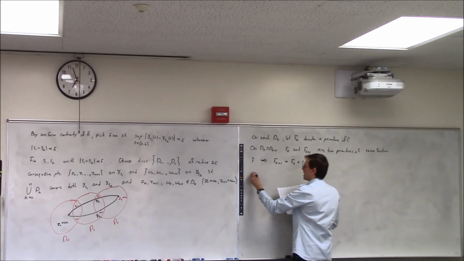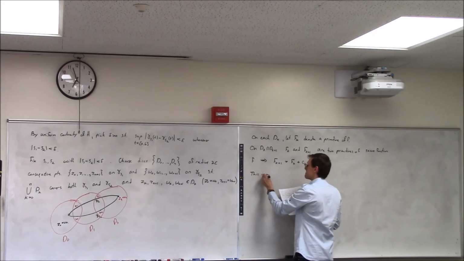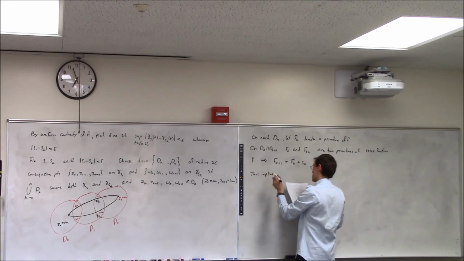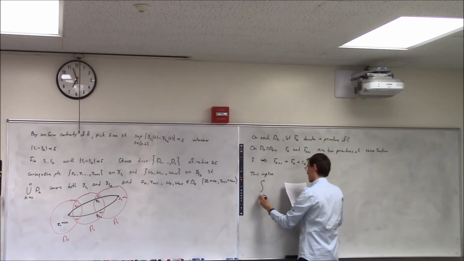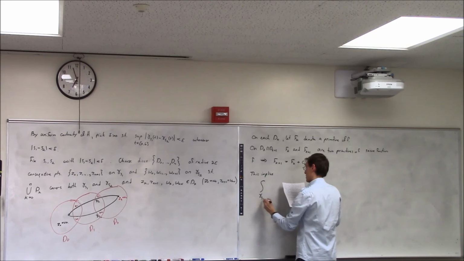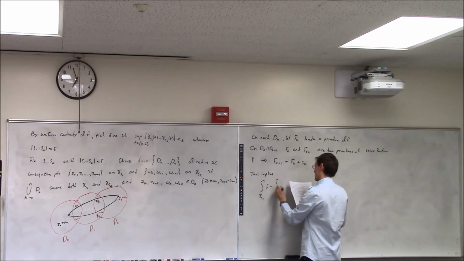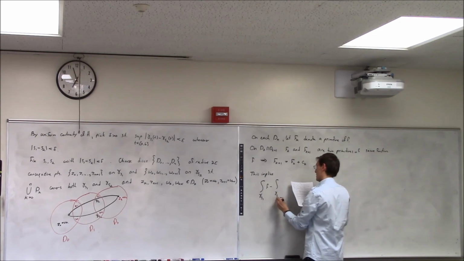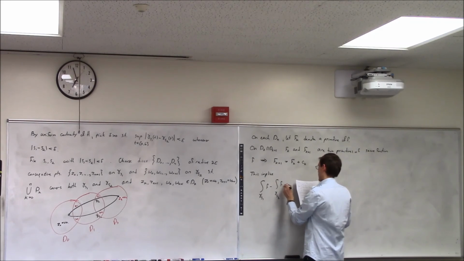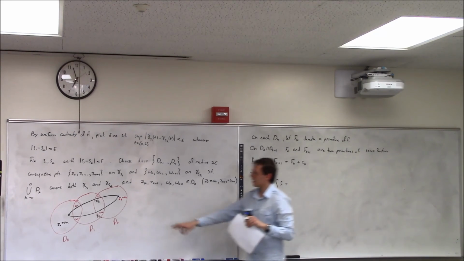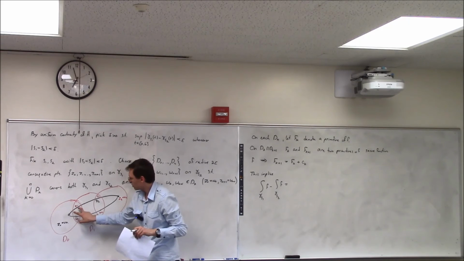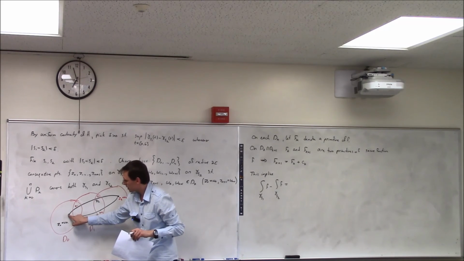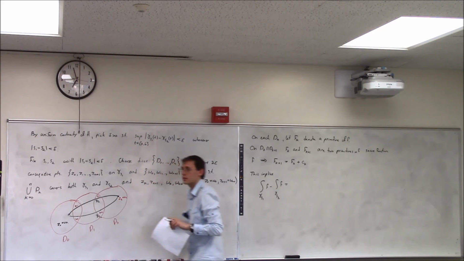And what does this imply? This implies that the integral over S1 of f minus the integral. So I break the integral of the curve from here to here, from here to here, and from here to here.